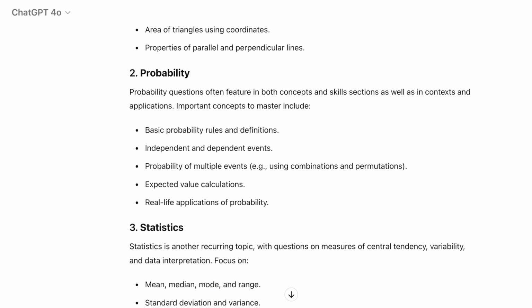2. Probability. Probability questions often feature in both concepts and skills sections, as well as in contexts and applications. Important concepts to master include basic probability rules and definitions, independent and dependent events, probability of multiple events, e.g., using combinations and permutations, expected value calculations, real-life applications of probability.